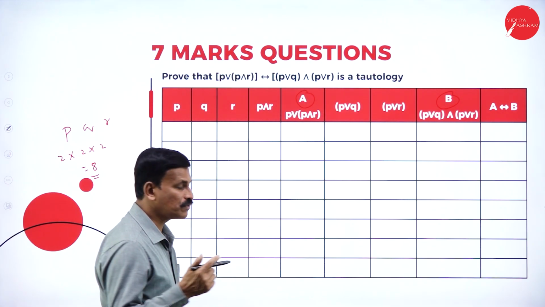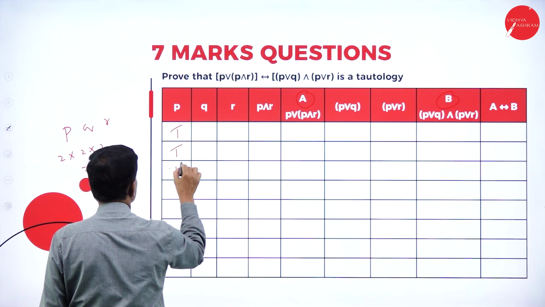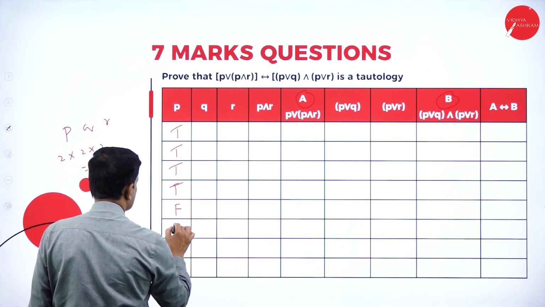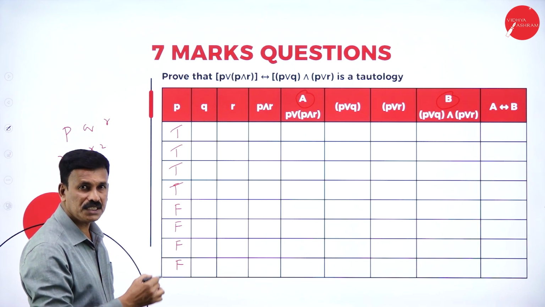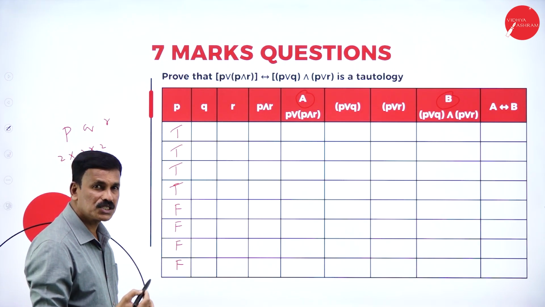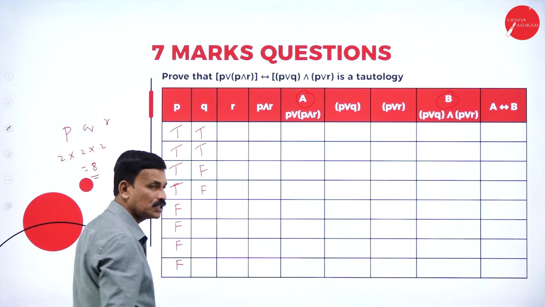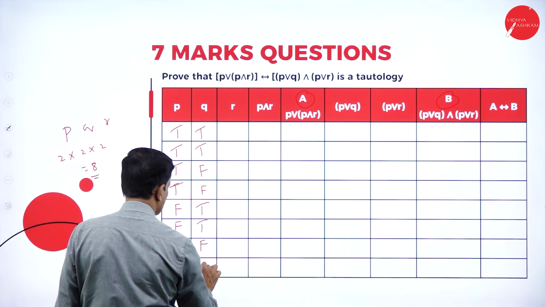Now, how to write the truth values for this? First 4 are T, T, T, T, remaining 4 are false, false, false, false. Next, for Q, first 2 are true, true, the second 2 are false, false, again true, true, false, false.